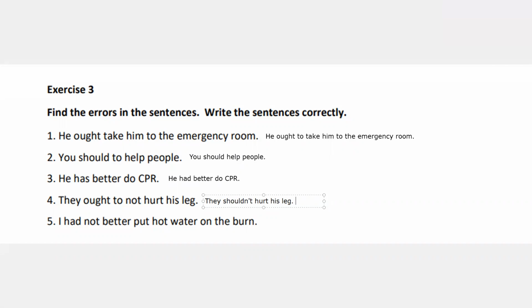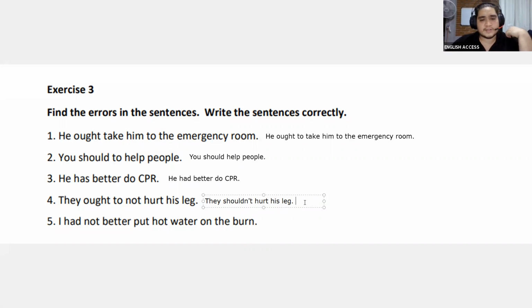As I told you, ought to is not very common in the negative form.